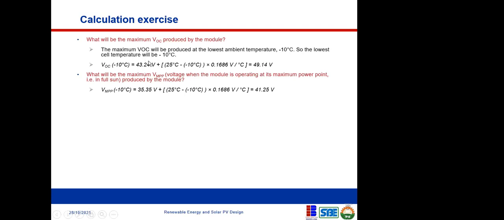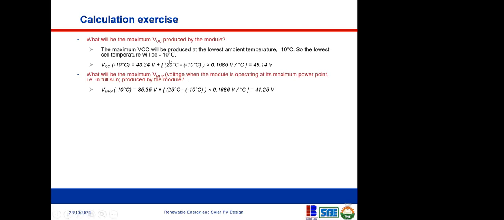This is the voltage at maximum power points, that is 25 degrees centigrade. So now we have to add, because you're going down from 25 degrees centigrade, meaning that your voltage will increase. So let us calculate the number of degree centigrade reduction from 25.